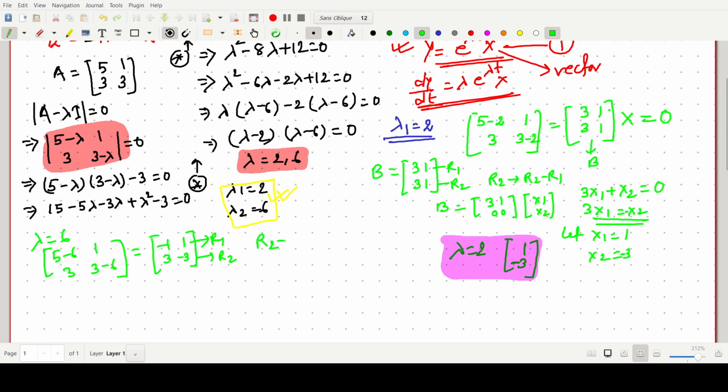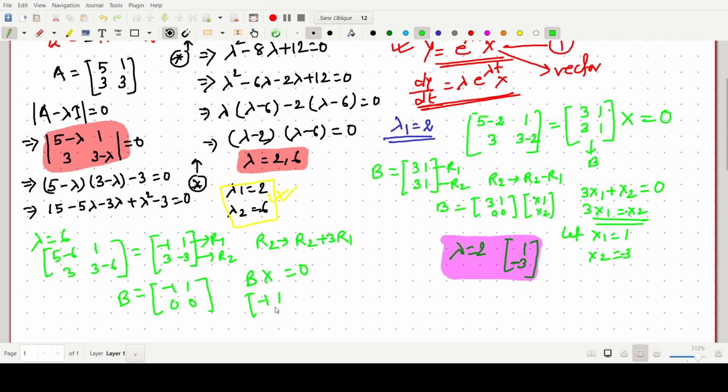So R2 can be simply R2 plus 3 times of R1. Is it okay? If we change the R2 row with R2 plus 3 times of R1, it should be 0 and 0. Now this is simply our B matrix. So now Bx equals to 0.